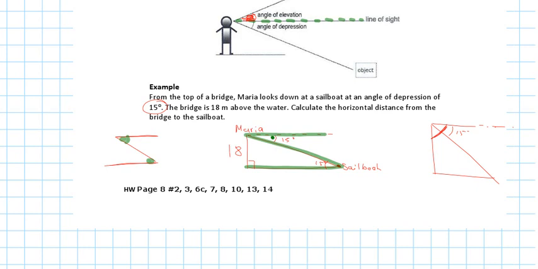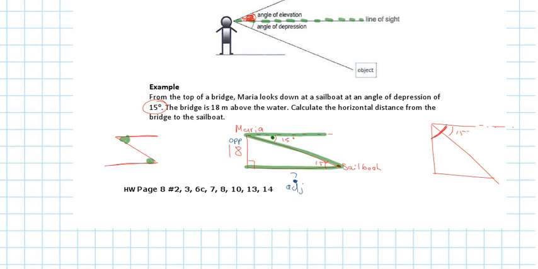So according to this triangle, I am looking for how far the base of the bridge is from the sailboat. This is 15 degrees. What do we call this? Opposite. And what am I looking for? The adjacent. So what do I have to use?